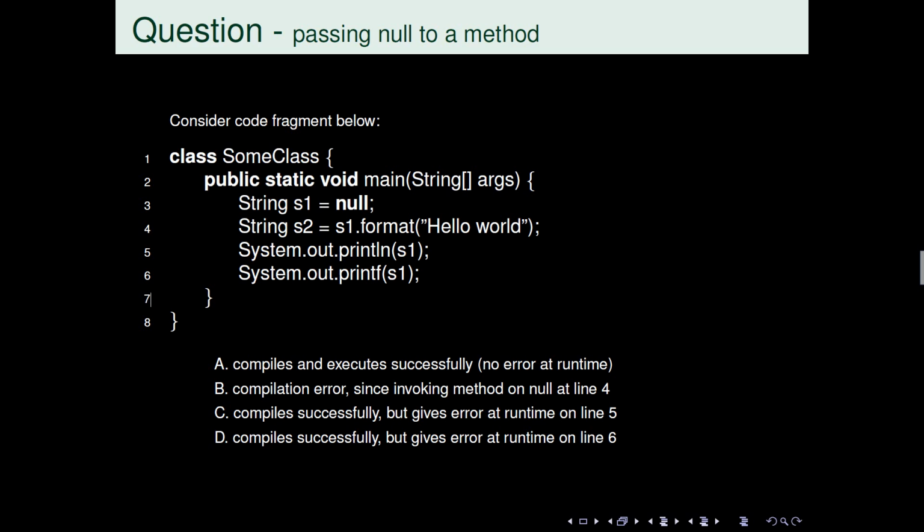So what are the answers? Println prints null, but printf gives a null pointer. Yeah, you get a null pointer.